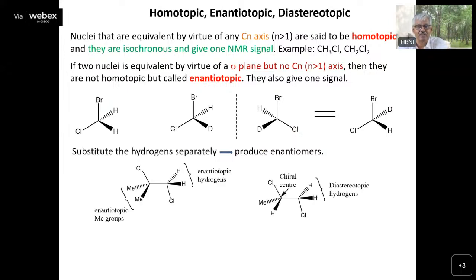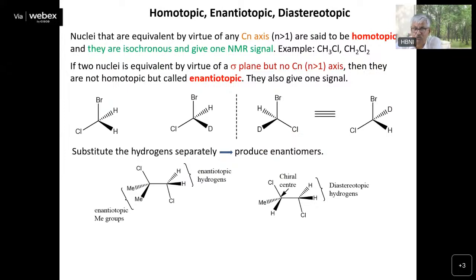Similarly, in the structure on the left-hand side, these two hydrogens are also enantiotopic, and these two methyls are also enantiotopic methyl groups. That means if you replace this hydrogen with any other group, you will get an enantiomer. Similarly, if you react one methyl group selectively, you will also get an enantiomer. It does not have to be hydrogen; even groups like methyl or phenyl can be enantiotopic groups.